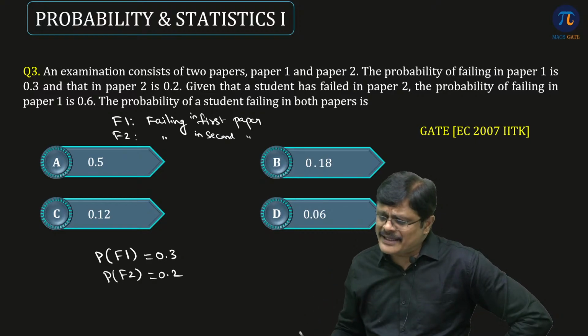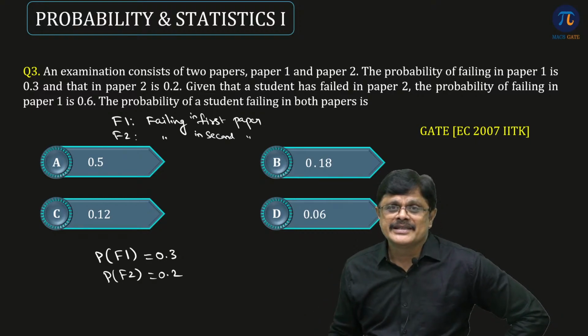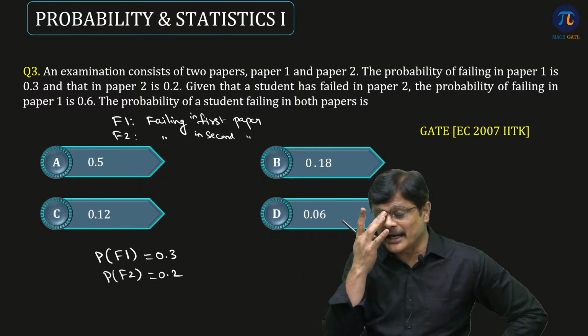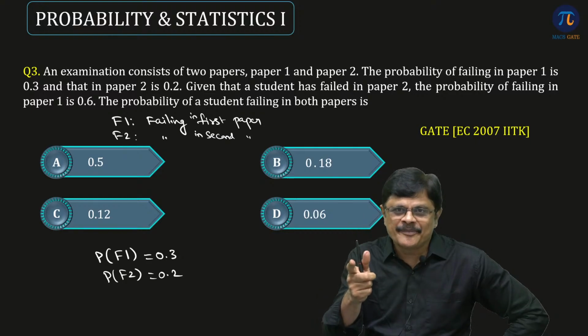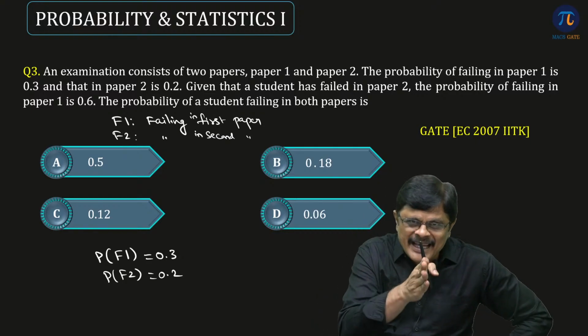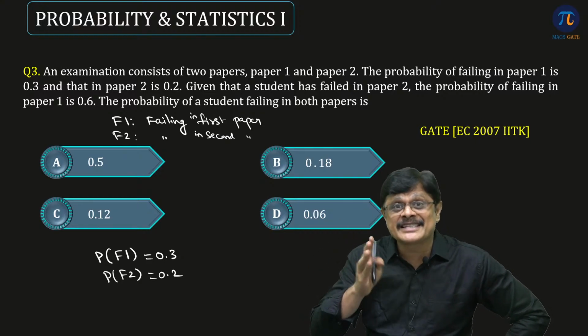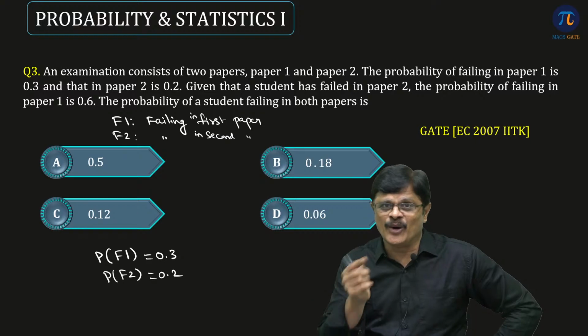Now, given that the student has failed in paper 2, see, some people only read up to that. So you have to read carefully, properly. In conditional probability, you need to understand what is A and what is B, whether A given B or B given A is given. That is what has already happened and what is happening now.